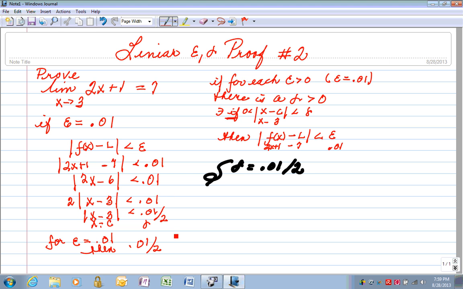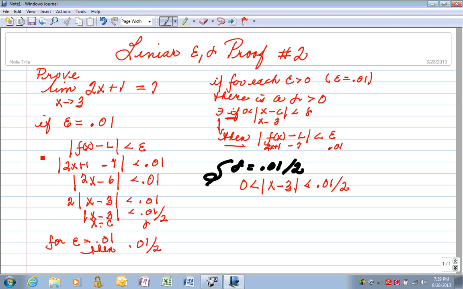Now, think about working backwards. We have 0 less than absolute value of x minus 3, because that's c, less than delta. We are starting now with the if statement, and we're going to the then statement. Now we're going this way.